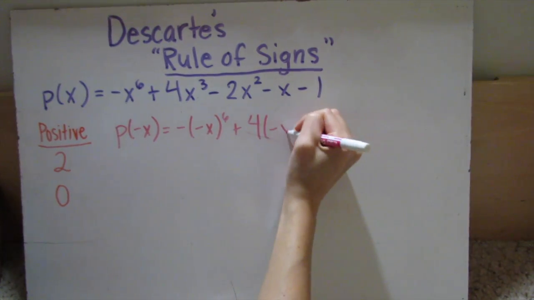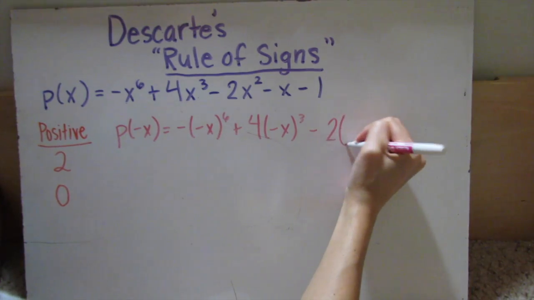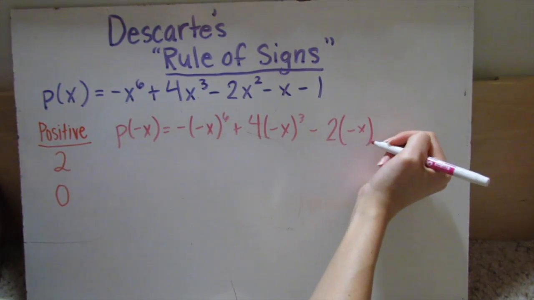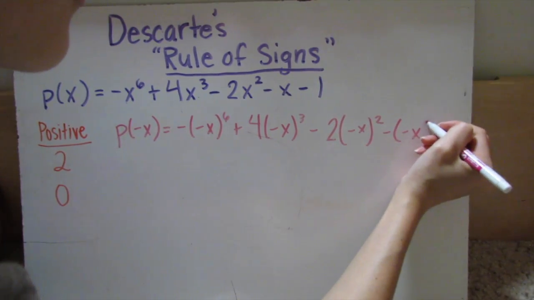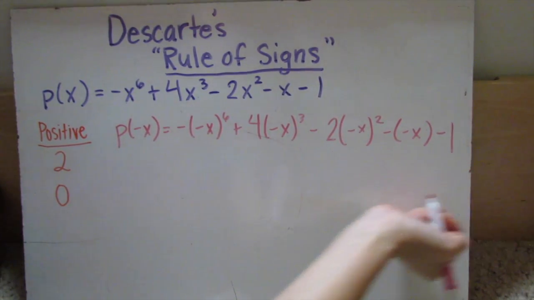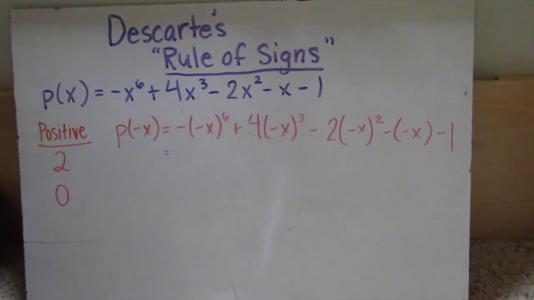In order to find p of negative x, or to find the number of negative real zeros, you're going to plug in a negative x everywhere there's an x. It takes a little bit of time, but essentially your equation should look like this. Once you have that, you're going to reduce it down and figure out what you have left.